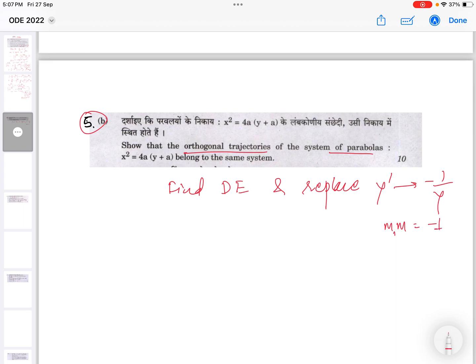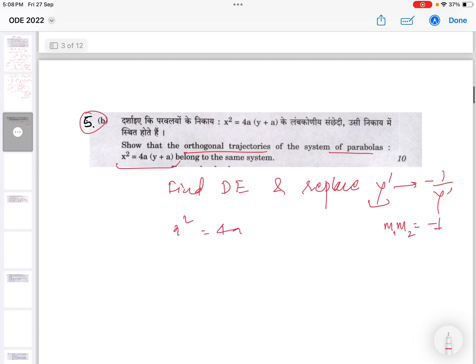Since they are perpendicular, since they are orthogonal, the slope y dash can be replaced by minus 1 by y dash in order to get the orthogonal trajectories. So just find the differential equation of this one.